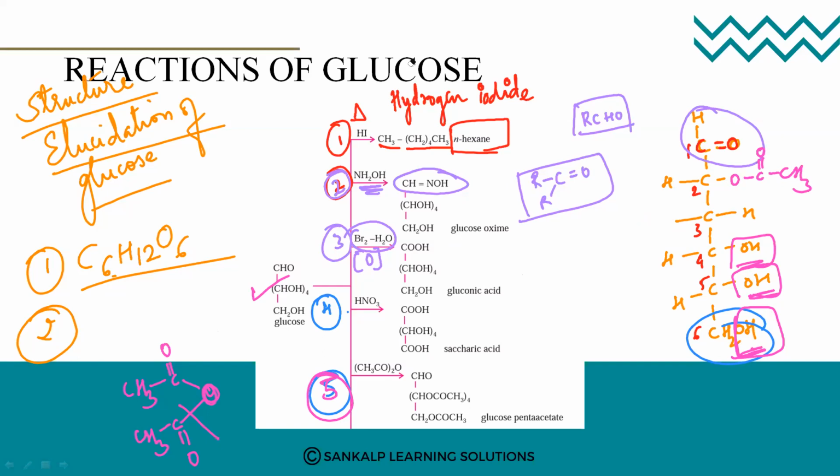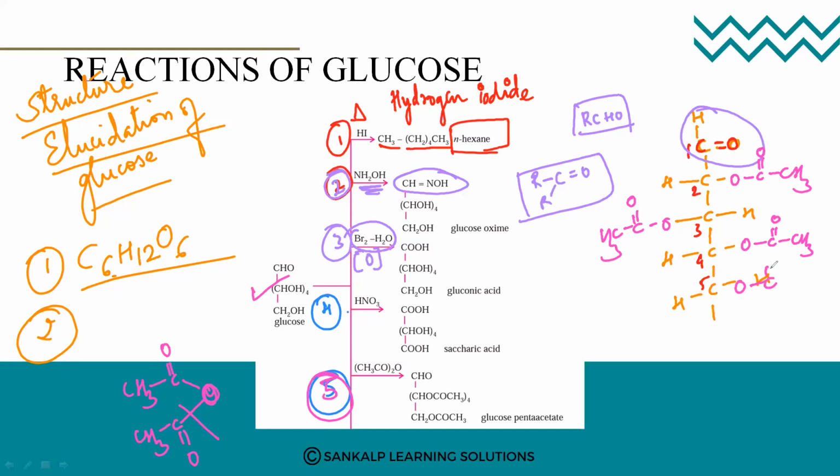I'll just draw here. So it will be O C double bond O CH3. Same here also. O C double bond O CH3. Then O C double bond O CH3.